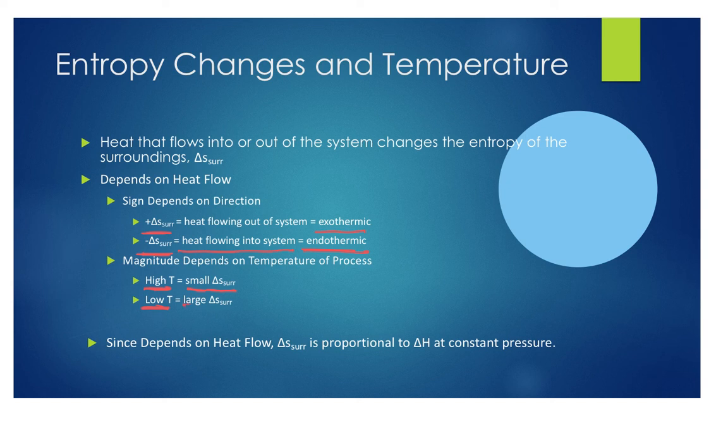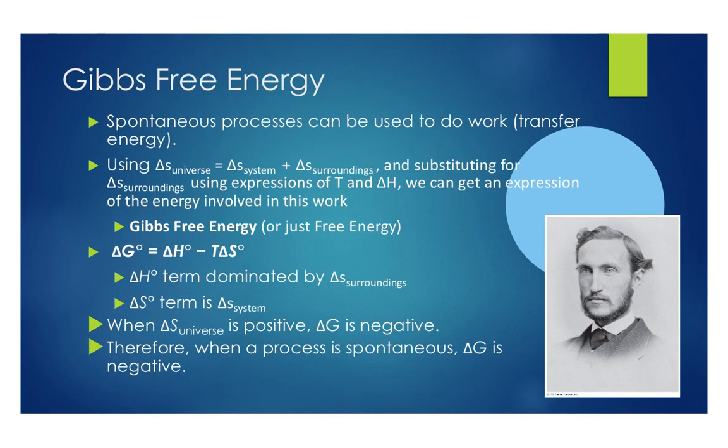So you get a large change in the entropy of the surroundings. In the end, since delta S surroundings depends upon heat flow, and heat flow we classify as the change in enthalpy, exothermic or endothermic, that means that the change in entropy of the surroundings is proportional to delta H at a constant pressure.